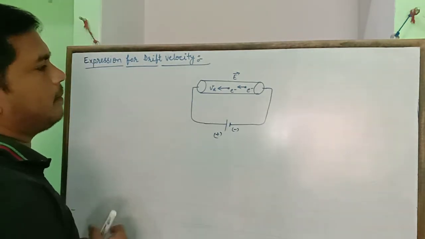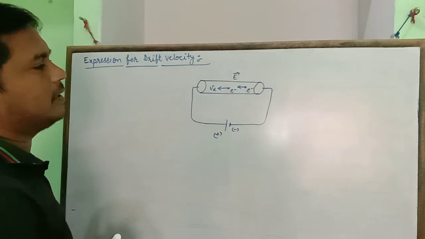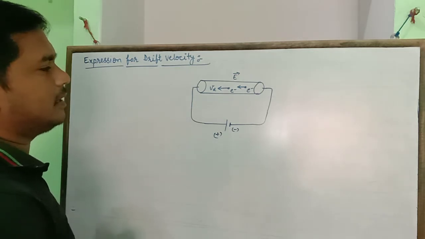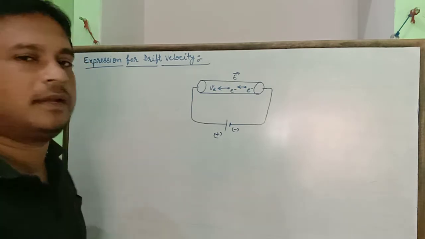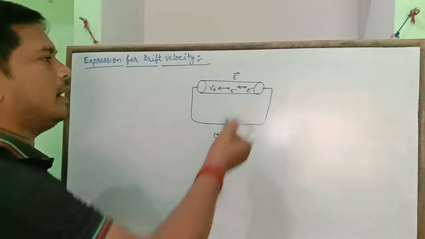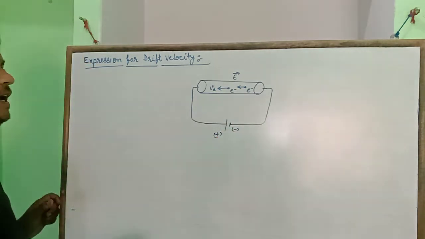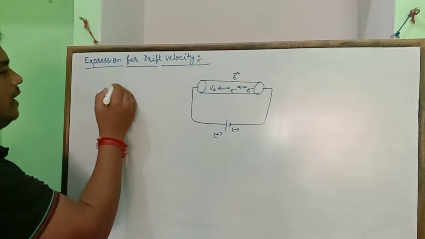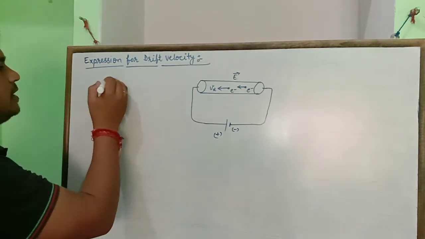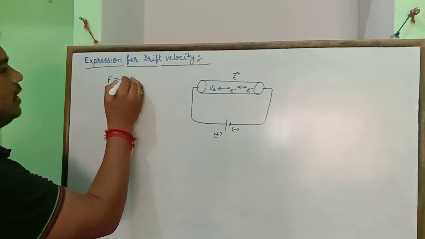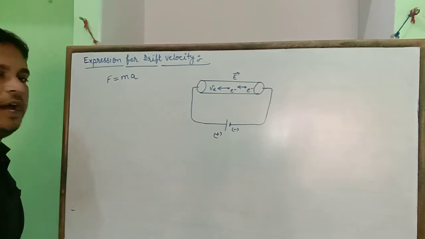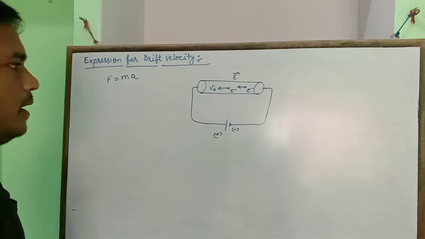Okay, student, by the second law of Newton, if the acceleration produced in the electron is a and the mass of the electron is m, then the force acting on it is F equal to m a.